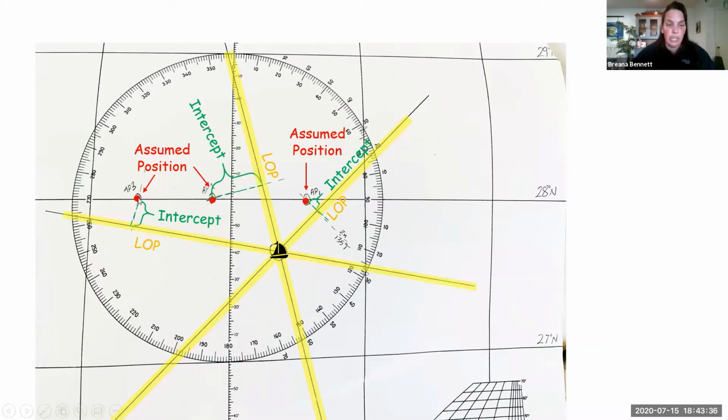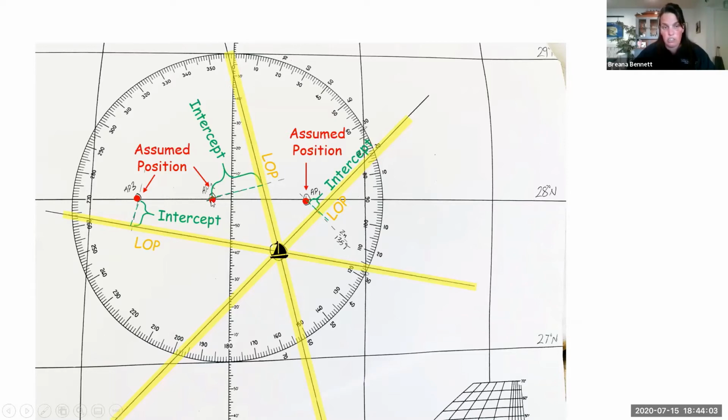So we created those assumed positions, and then we had a bearing, and our range isn't an arc. Like our range is an arc on our coastal plots. Our range is now a line that is perpendicular to the intercept line. So this is that bearing line. And instead of creating an arc for our range, it's a line.